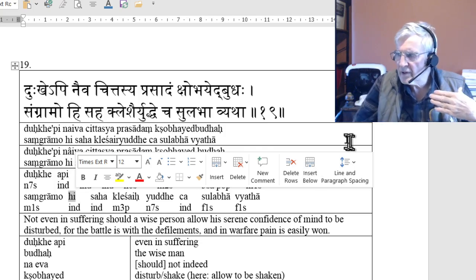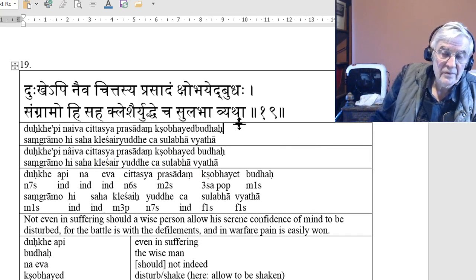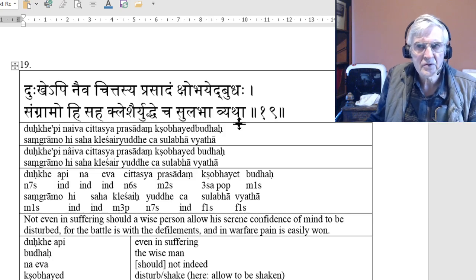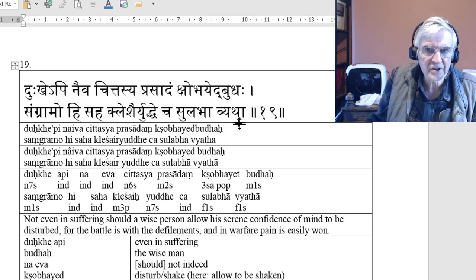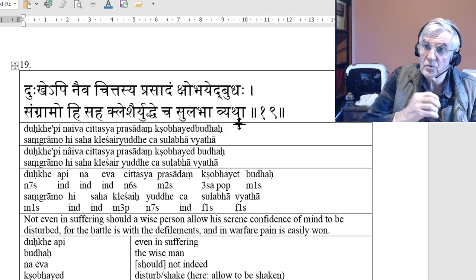So here we might say that the intelligent person, the wise person, even in suffering, the wise person should not allow the prasada of his chitta to be disturbed. For the battle is with the defilements.